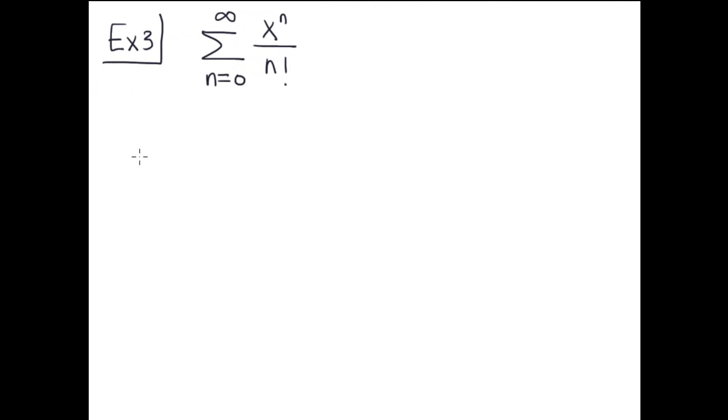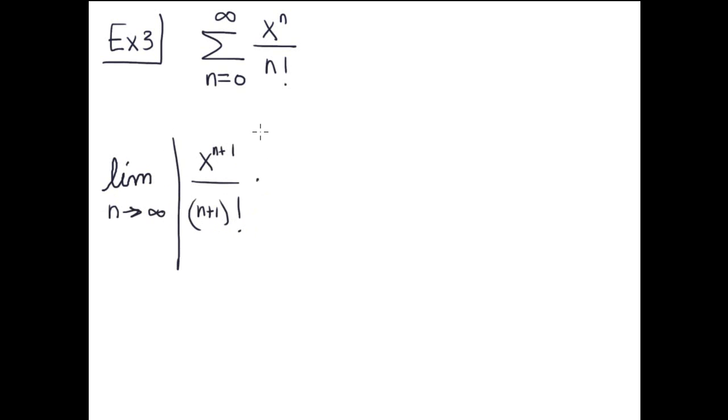Okay, example 3. Again, determine the interval of convergence and the radius of convergence. One more time, you apply the ratio test. Absolute value of x^(n+1) divided by (n+1) factorial, times the reciprocal, n factorial divided by x^n.